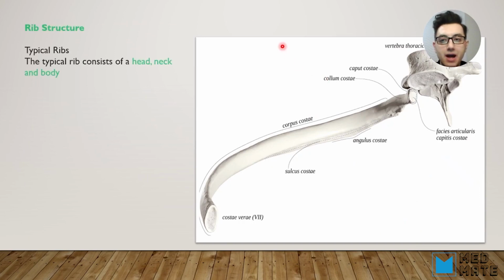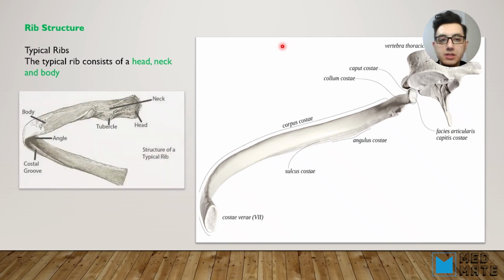Now let's talk about the ribs. Typical ribs all consist of a head, which articulates with the demifacets or costal facets on the thoracic vertebrae, and a neck, which has a specific part called the tubercle.